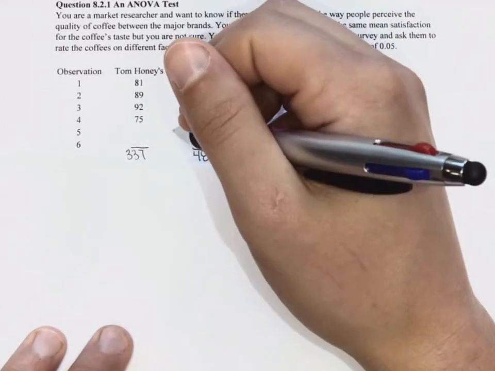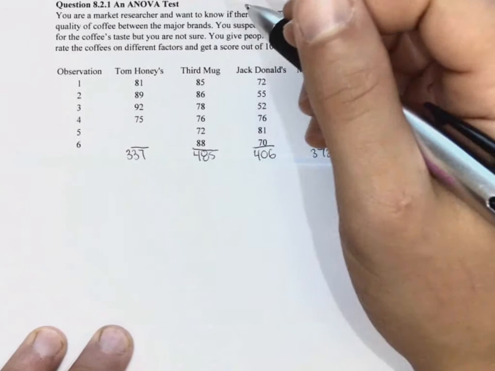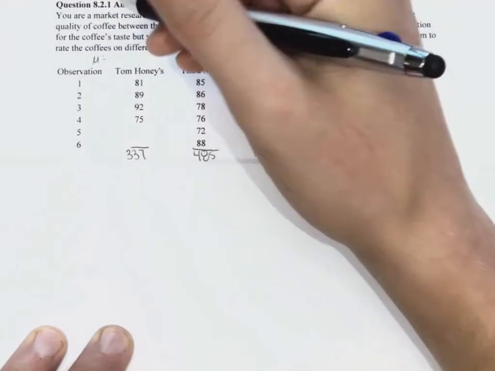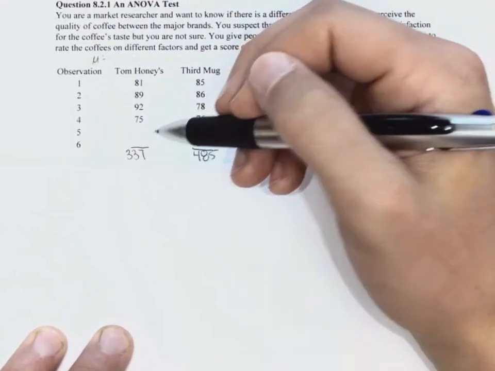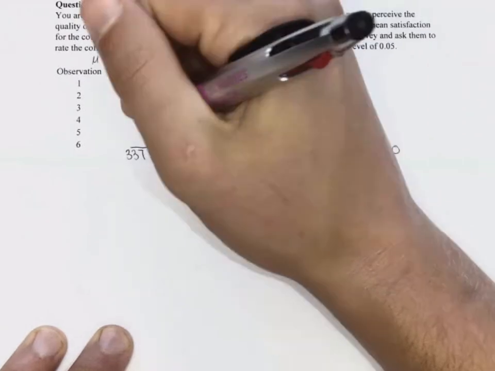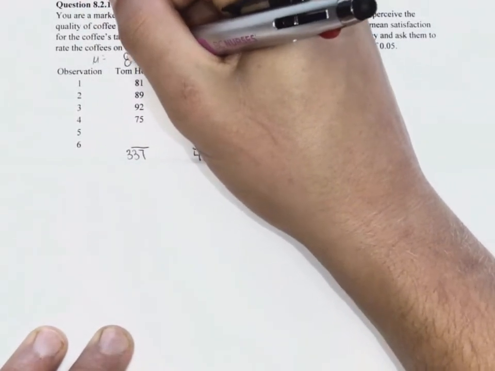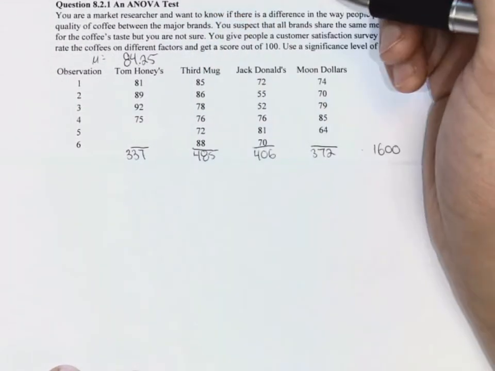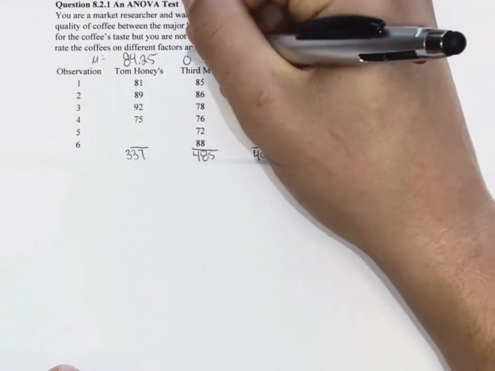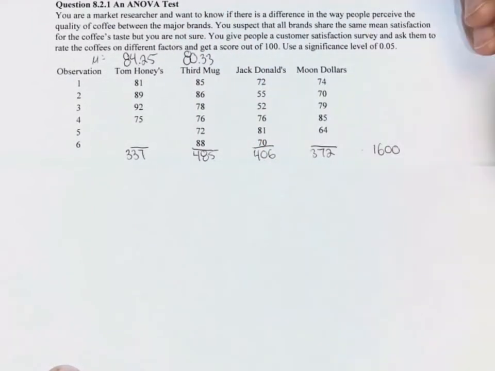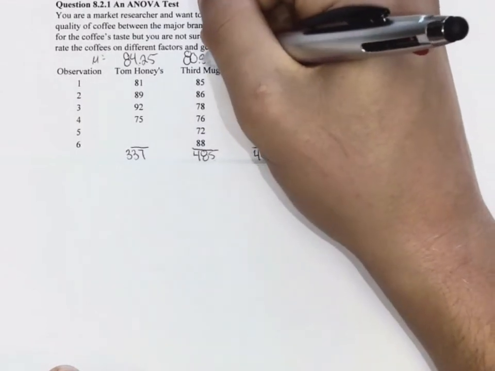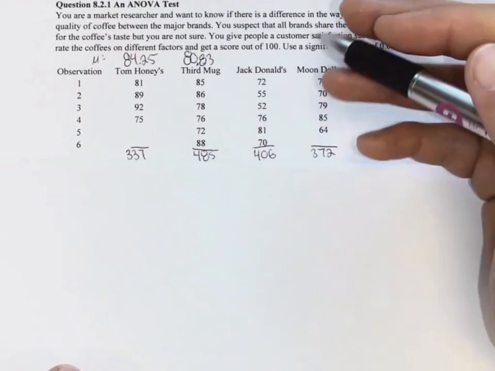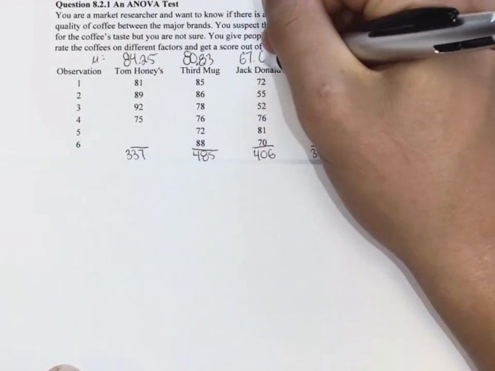Now we can find the mean of each one. We'll put the mean above them here. So the mean, for each one we have 4 observations and 337 total. So we would get a mean of 84.25. 6 observations and 485 total, 80.83. 406 and 6 observations, 67.67.